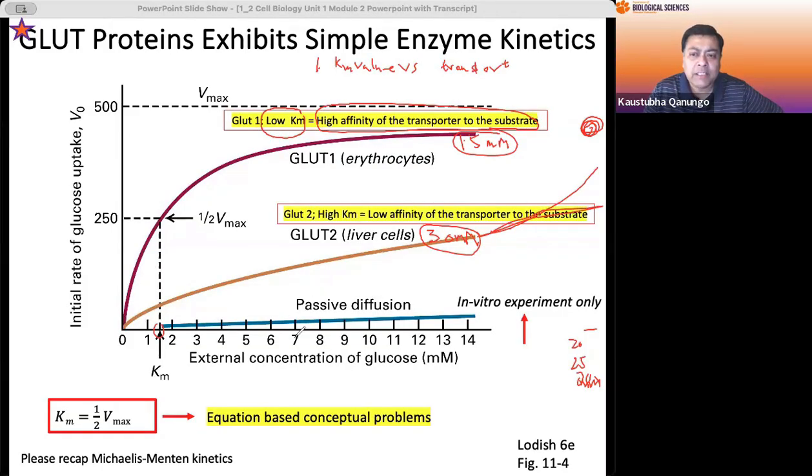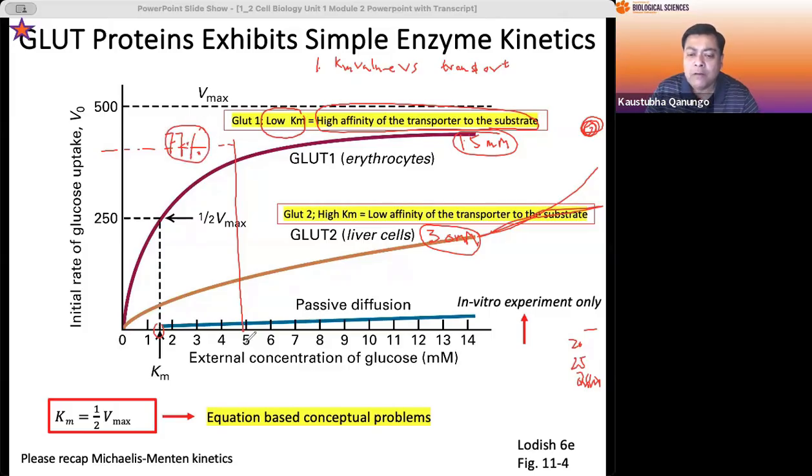And see that it is within just about 5 millimolar right here; if you read the book, it transports glucose at 77% efficiency of the transporter.